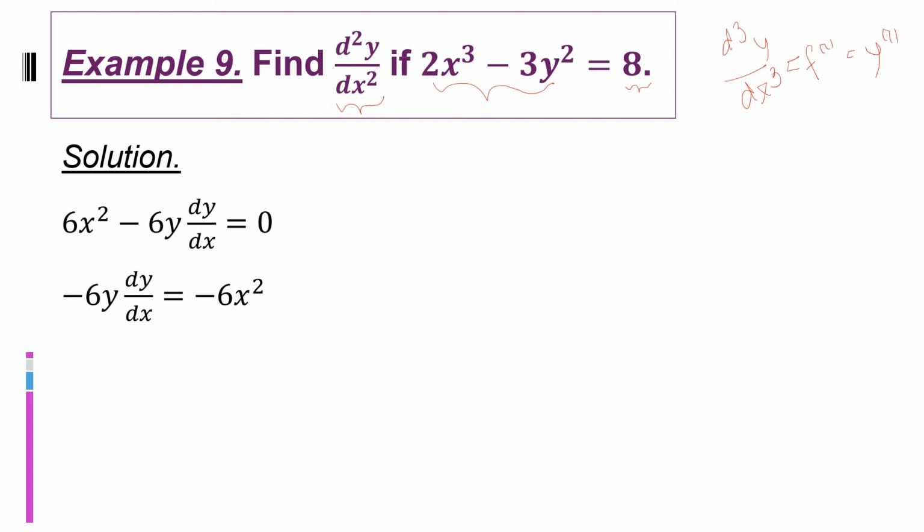Or that is negative 6y dy over dx equals negative 6x squared. So nilipat natin yan dyan sa kabila. Then, solving for dy over dx, we have negative 6x squared over negative 6y. Pero pwede nating i-cancel yan at yan. Therefore, we have dy over dx equals x squared over y.